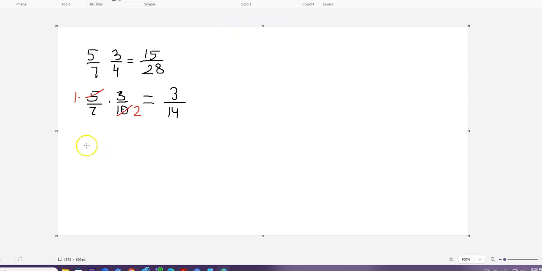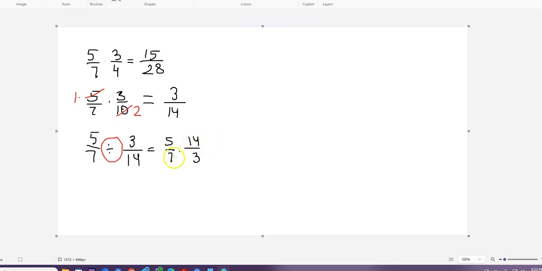Again, if you do division, say the same 5/7 divided by 3/14, you remember that you keep the first fraction and you multiply by the reciprocal of the second fraction. So you cannot reduce anything while you have a division sign here. Only when you are already dealing with multiplication can you start thinking about reducing common factors.